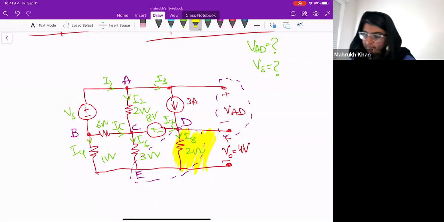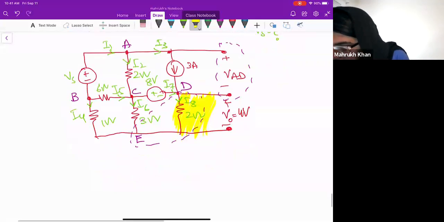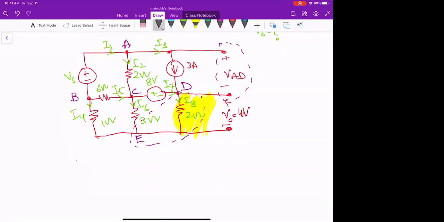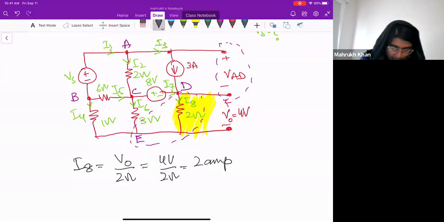Yes. So from V naught, we can find I8. Two amps, right? Okay.